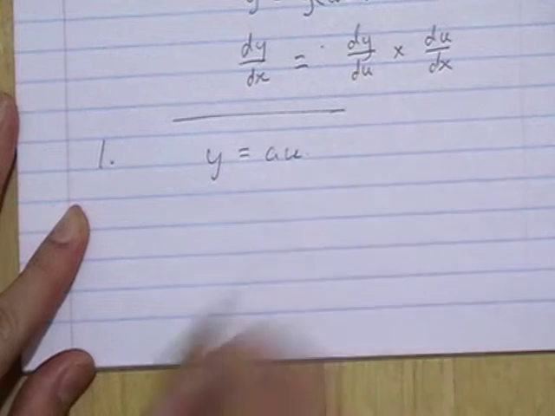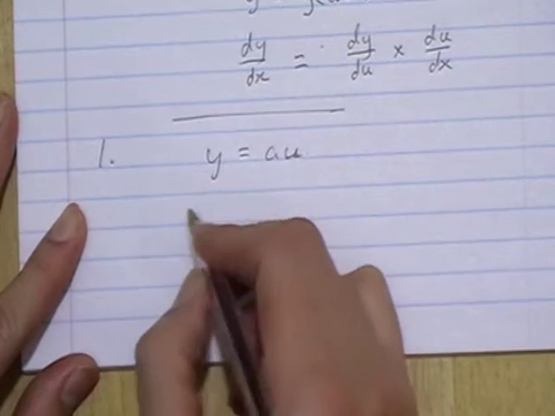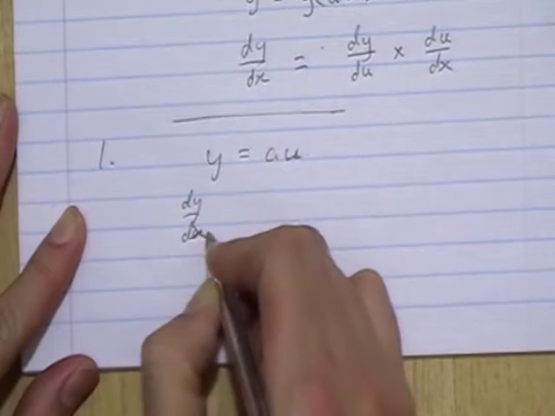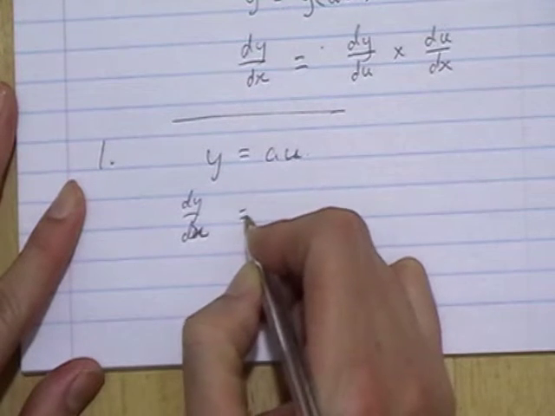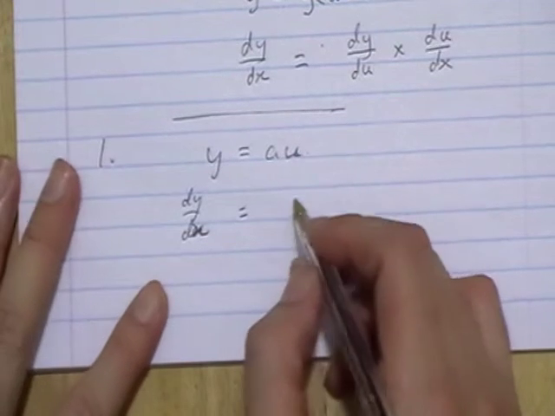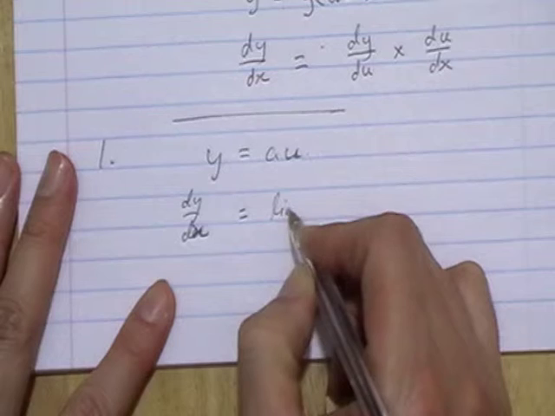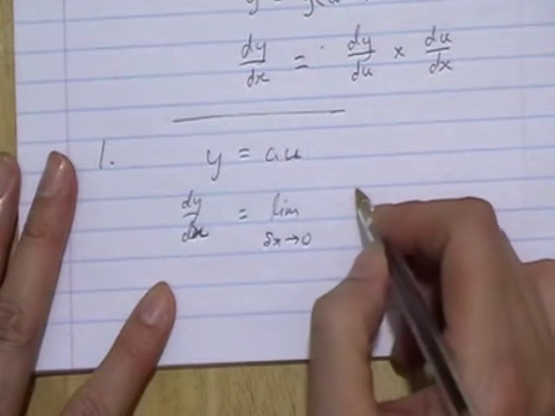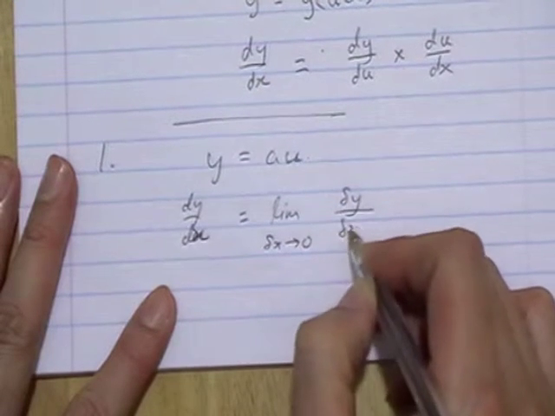If y is equal to a times u, where u is a function of x, then dy dx is equal to the limit as delta x tends to 0 of delta y over delta x.